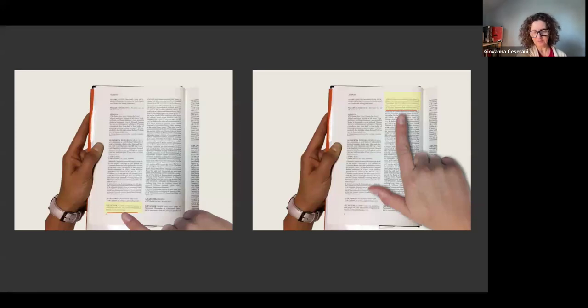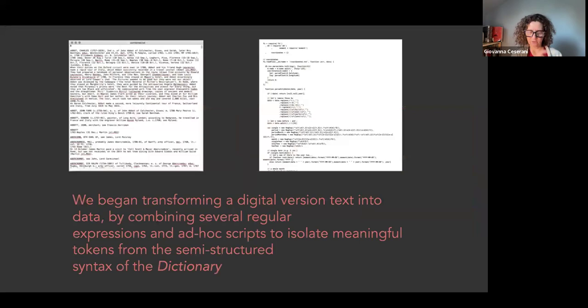At first, we did this manually, and the slide shows this, when we just went through and typed every piece of information that we found, finding a way to make it into a database. But then we also moved to adopt a computational approach.